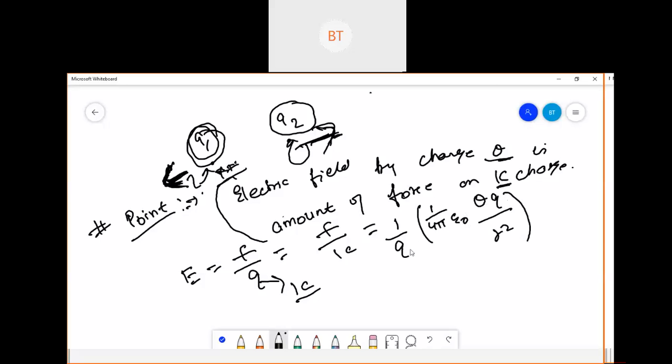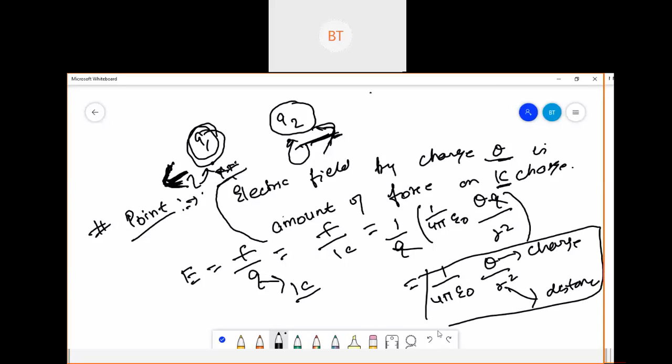So after putting this, the Q will get cancelled. What we are getting here is 1 by 4 pi epsilon naught Q by R square. R is the distance and Q is the charge. This is the electric field due to a point charge.